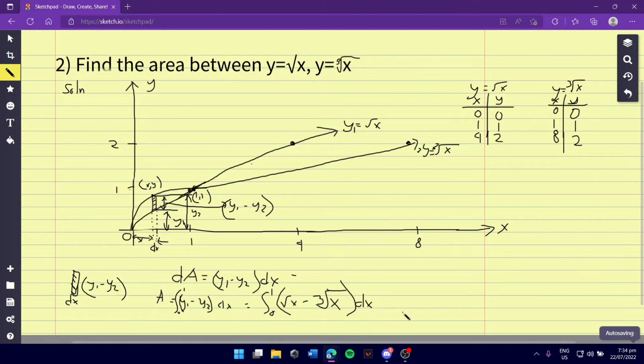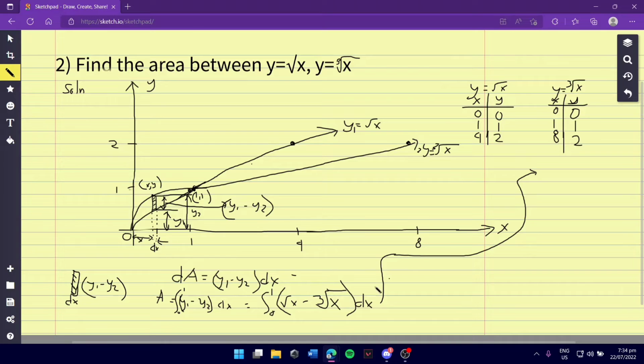So we will simplify this. We will make this into x raised to 1/2, and then this will be raised to 1/3, and then we will integrate it.